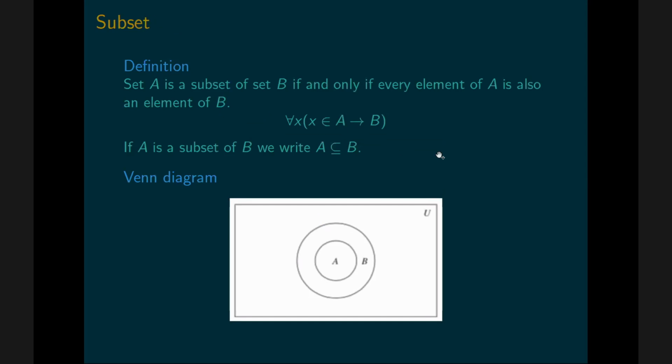Now, a subset is a set containing some of the elements. So A is a subset of B if all elements of A are elements of B. So for all x, if x is in A, then x is in B. Which means that this set is inside that set, right?